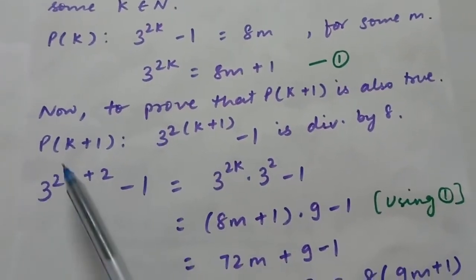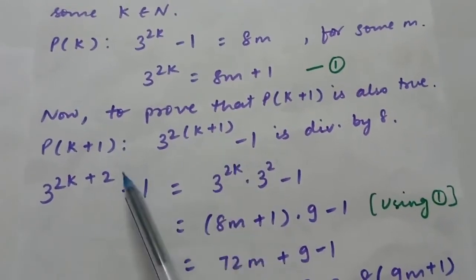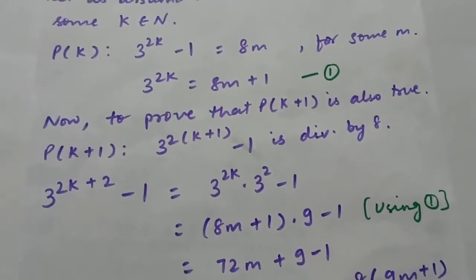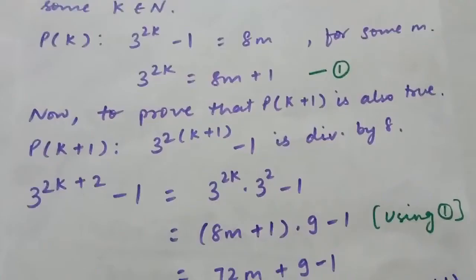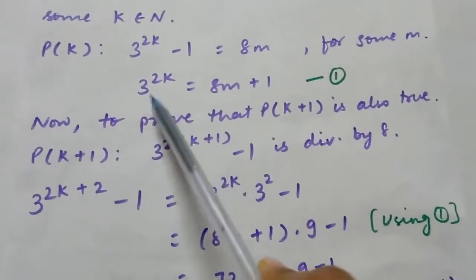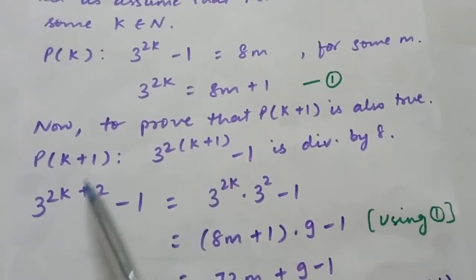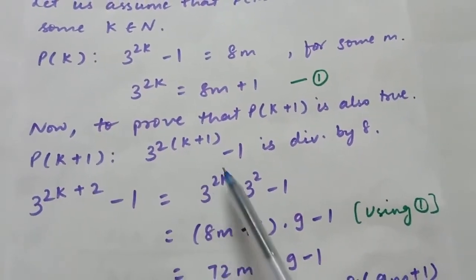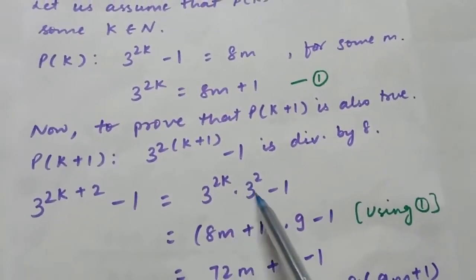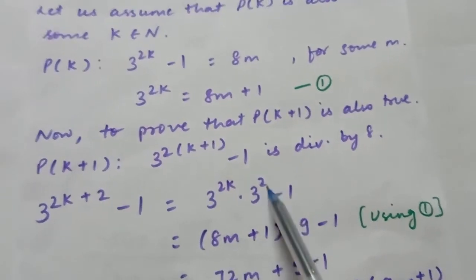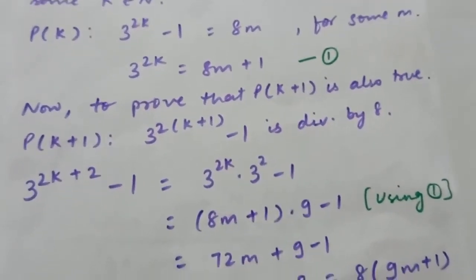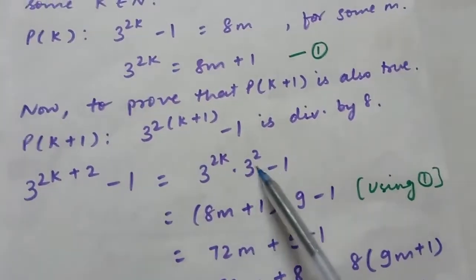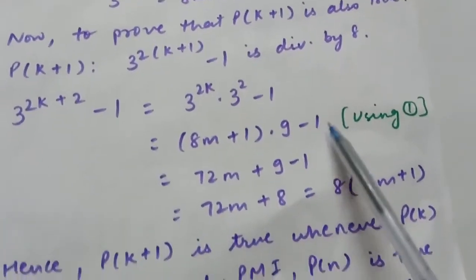So 3 raised to the power, this will be now 2k plus 2 minus 1, because we know the value of 3 raised to the power 2k. So we will break it like this only, that 3 raised to the power 2k into 3 square minus 1. Now using 1, 3 raised to the power 2k is 8m plus 1, into 3 square is 9, minus 1.